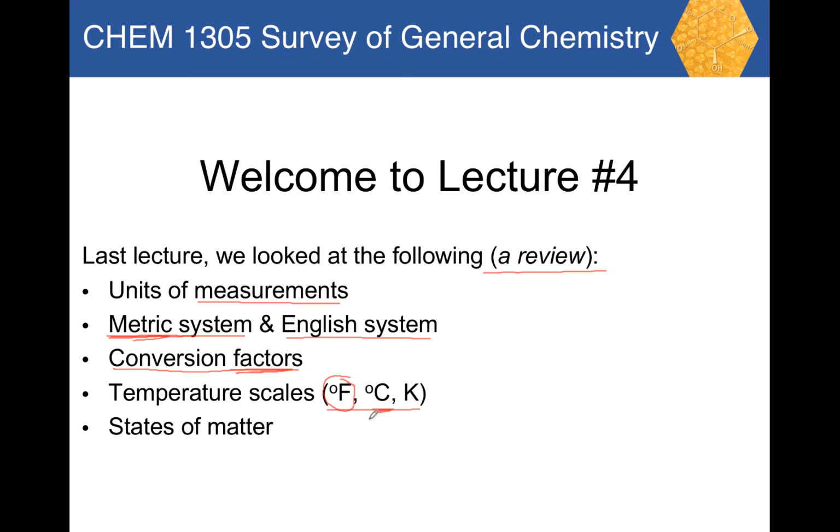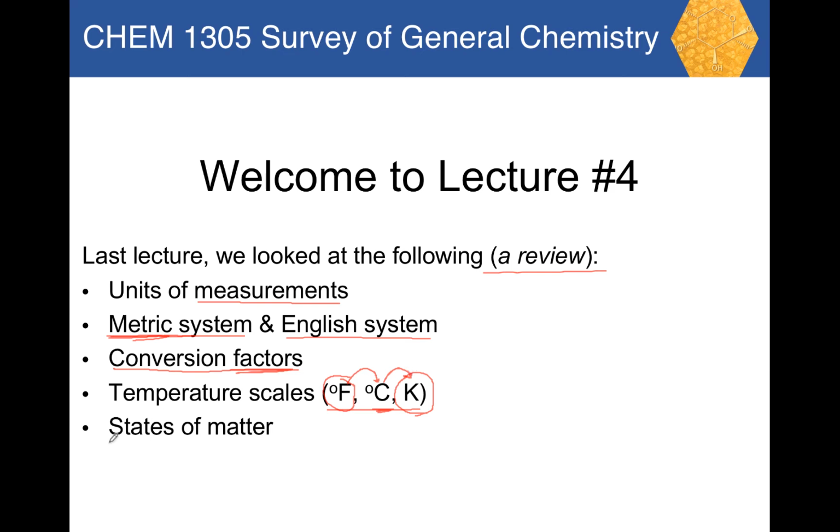And of course, another one that's used in science mostly is the Kelvin scale. Okay? And there are conversion factors to convert from the Fahrenheit to Celsius or vice versa. And we can convert from the Celsius to Kelvin. So again, look out for these conversion factors and be able to use them.